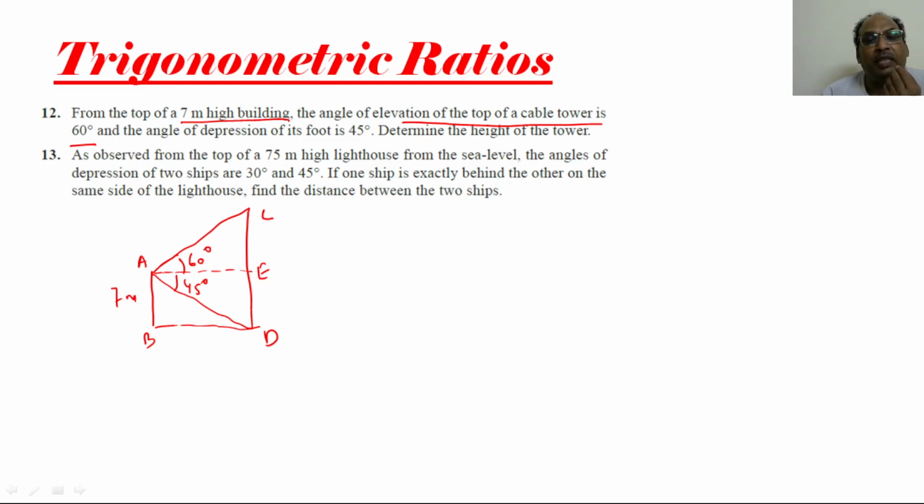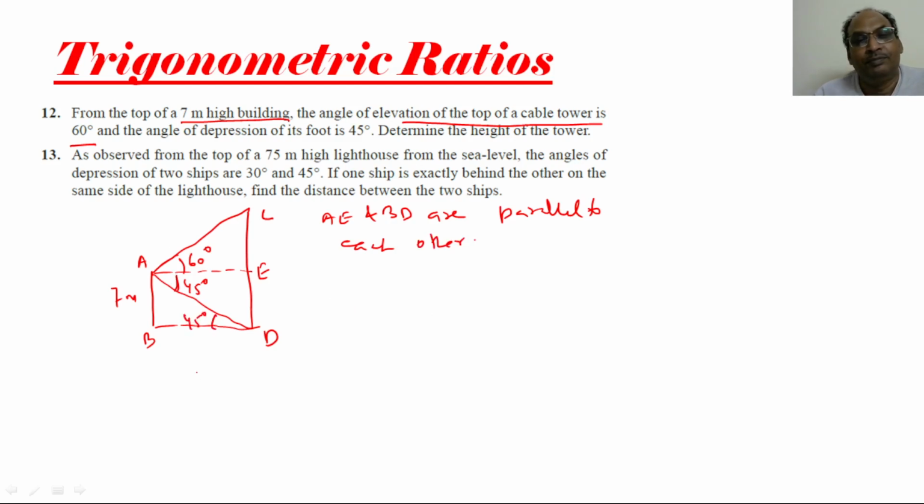So AE and BD are parallel to each other. Then if this angle is 45 degree, so this angle is also 45 degree. Why? Because AD is the transversal.